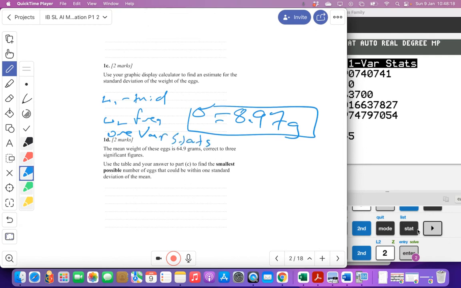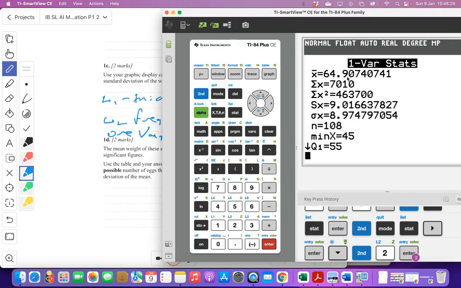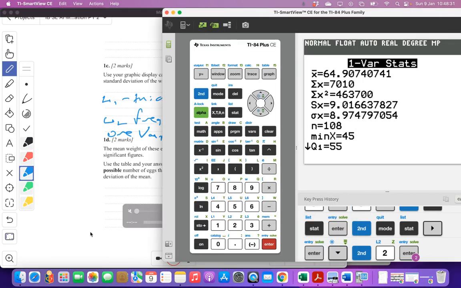Okay, next question. The mean weight of the eggs is 64.9. Correct to 3 significant figures, use your table. Over here you can see on the calculator that it is actually 64.9 for the mean, x bar.